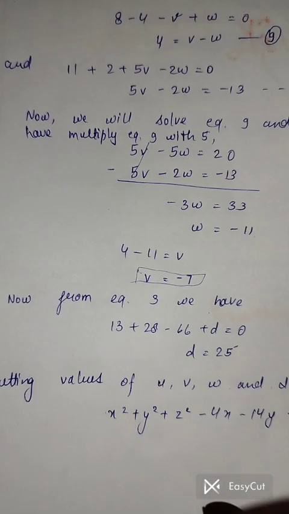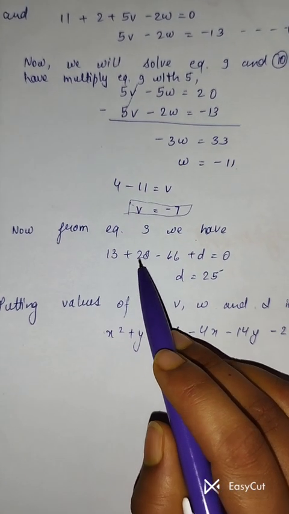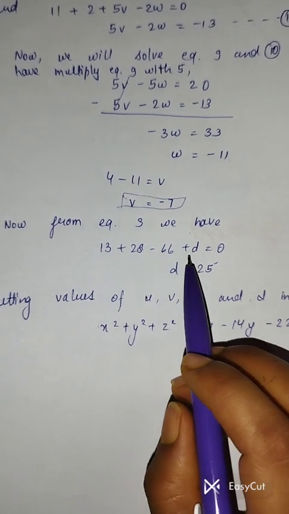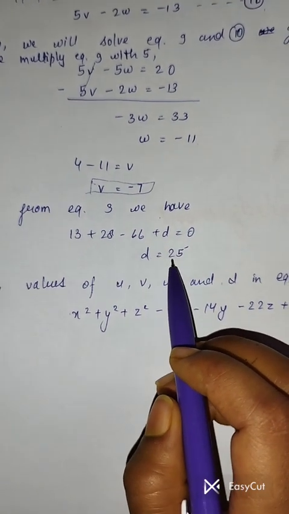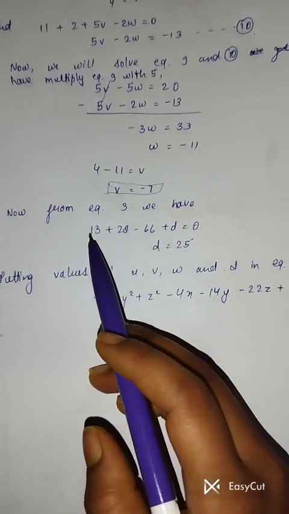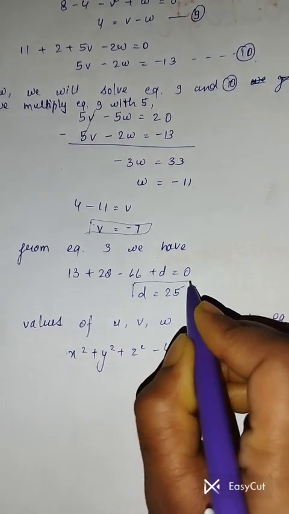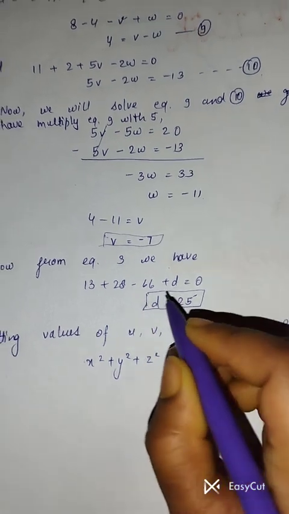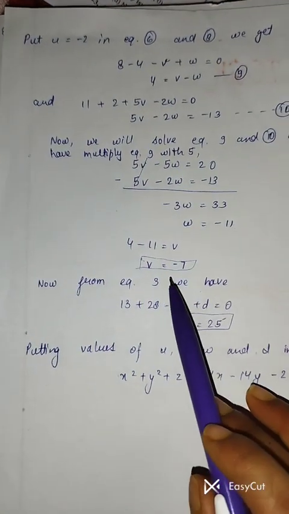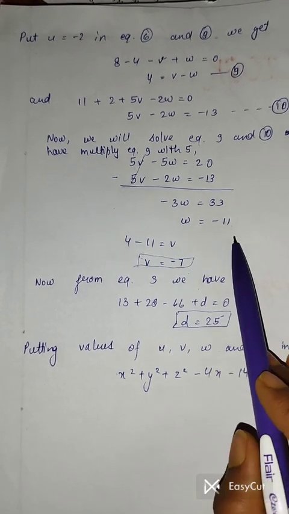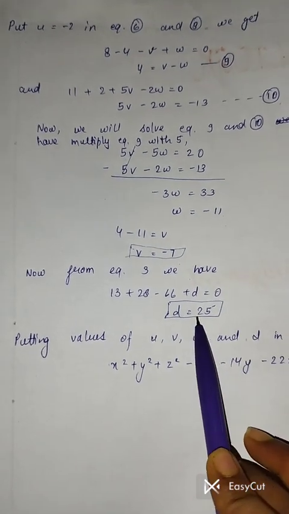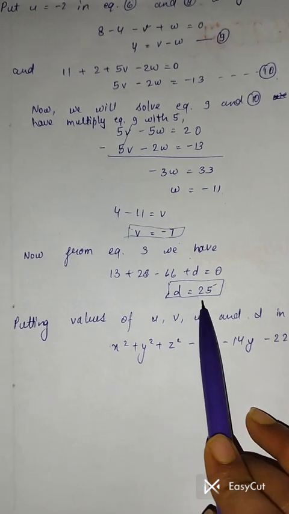So here it is. After putting the values of v and w, we get d is equal to 25. So now we have obtained all the values, that is u as minus 2, v as minus 7, w as minus 11, and the value of d is 25.